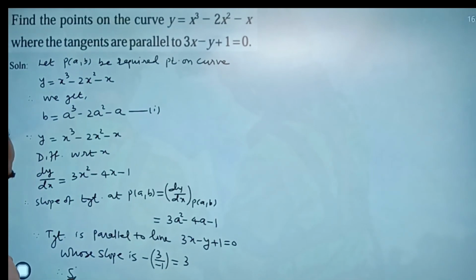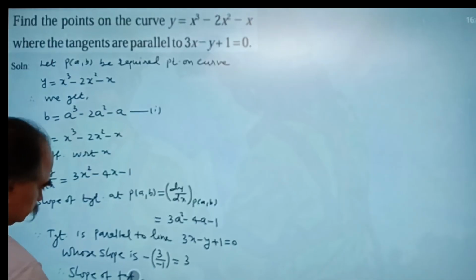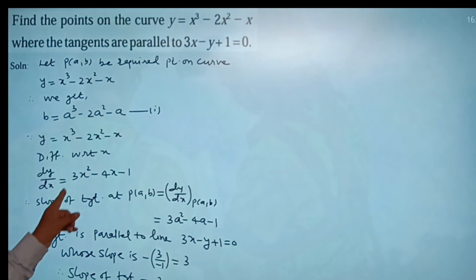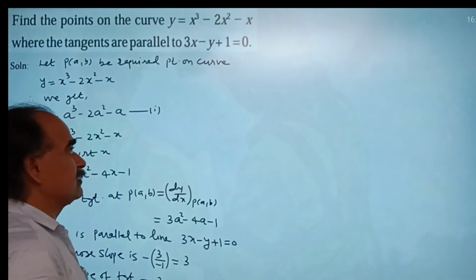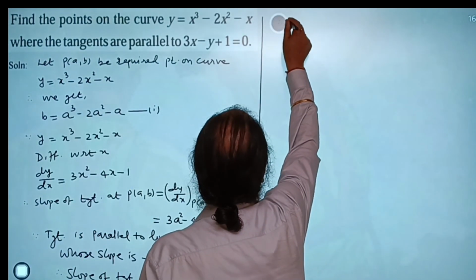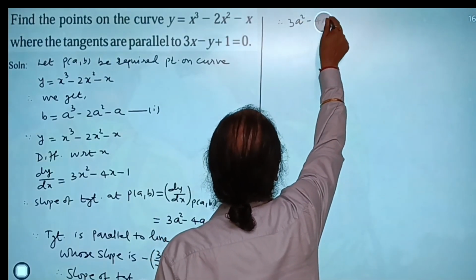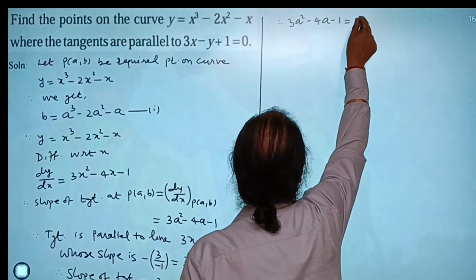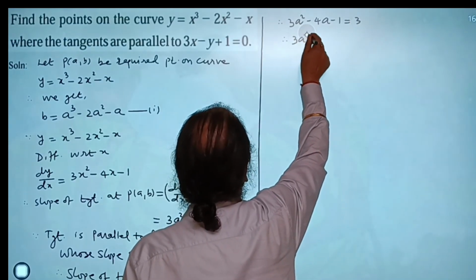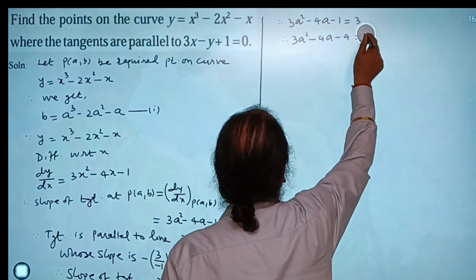So slope of tangent will also be 3. But slope of tangent we calculated as 3a square minus 4a minus 1. So 3a square minus 4a minus 1 is equal to 3, so 3a square minus 4a minus 4 is equal to 0.